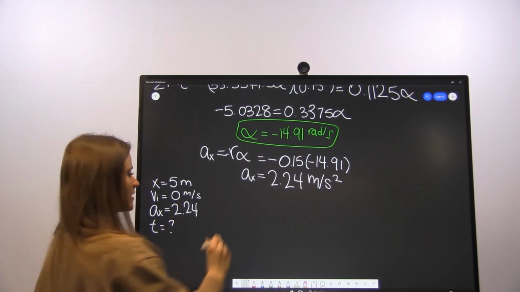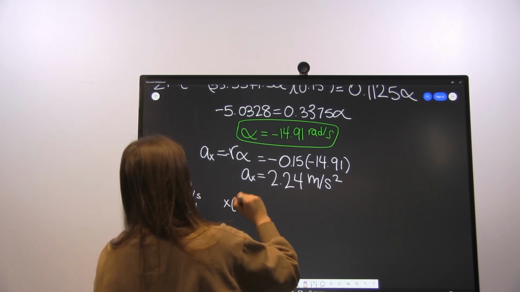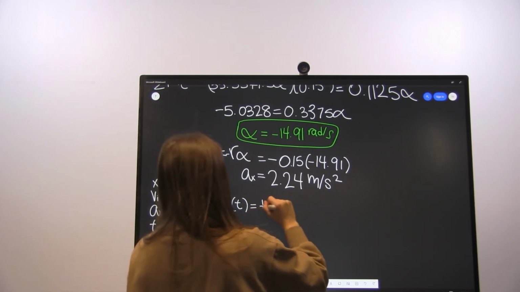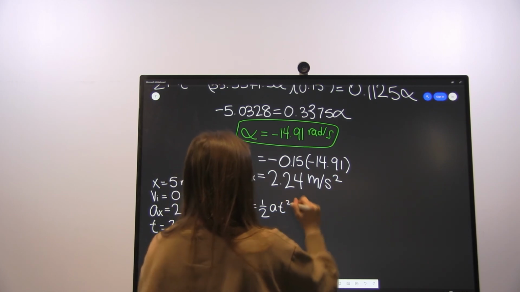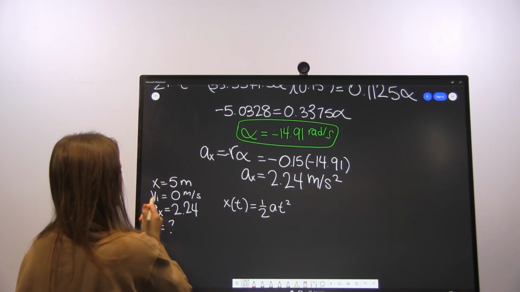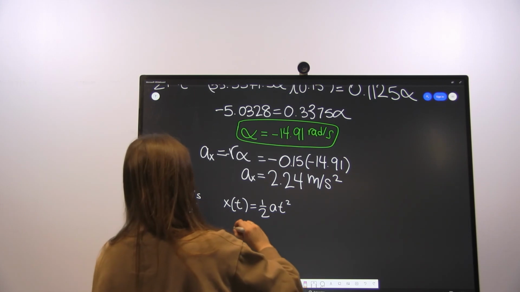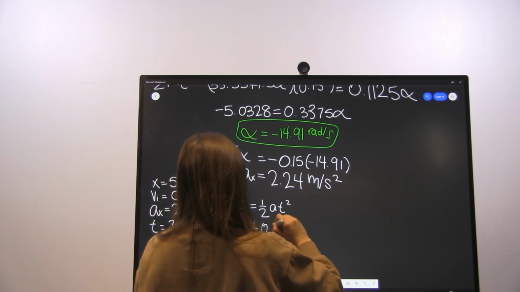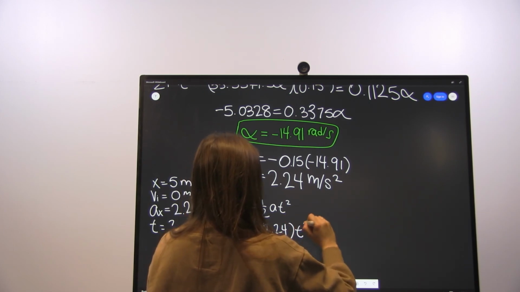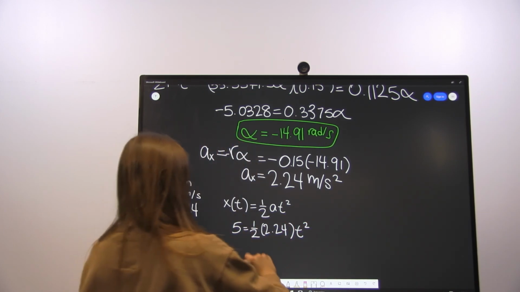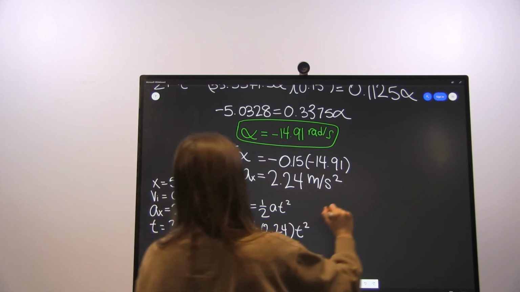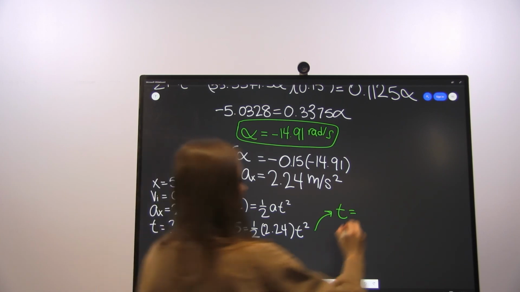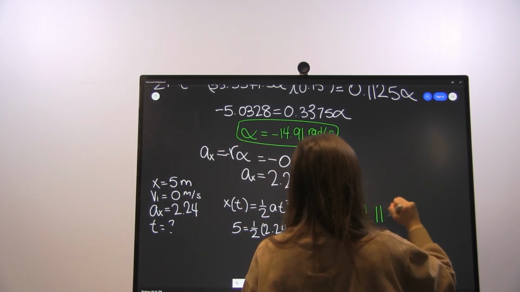So we have a kinematics equation, x of t is equal to 1/2 acceleration times time squared, because our velocity initial is 0. And we can plug in these values: 5 is equal to 1/2 times 2.24 times t squared. And this gives us that the time it takes to roll 5 meters is 2.11 seconds.